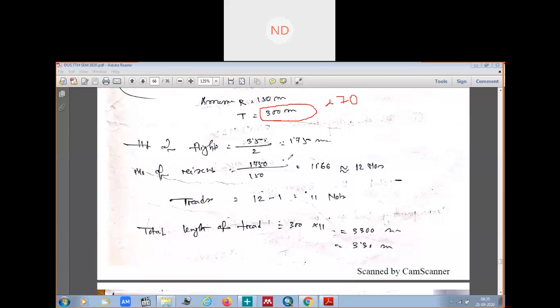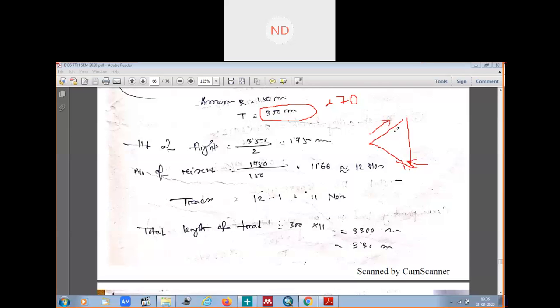Then height of the flight will be how much? We know the floor height given to us is 3.5 meters, and we have our steps in this way. This is your height.